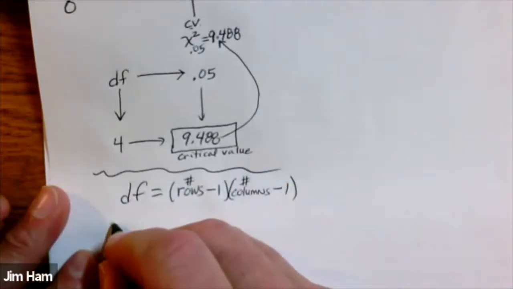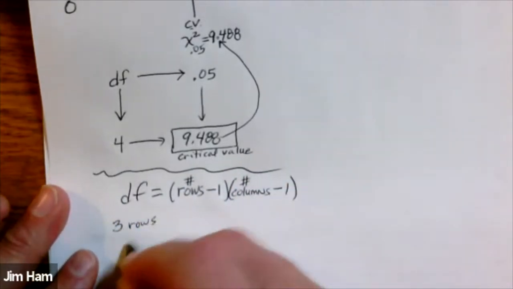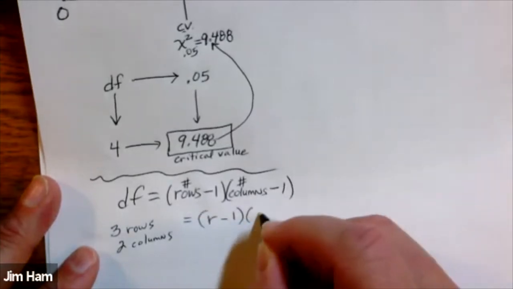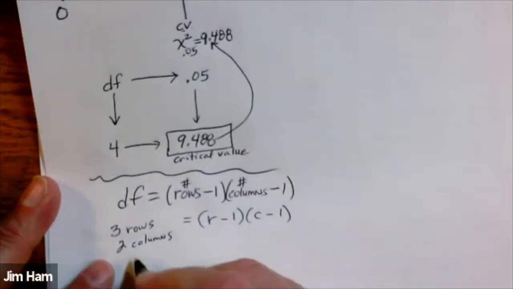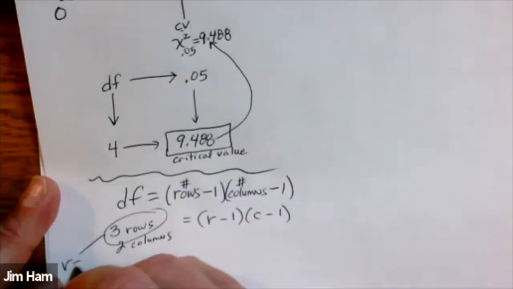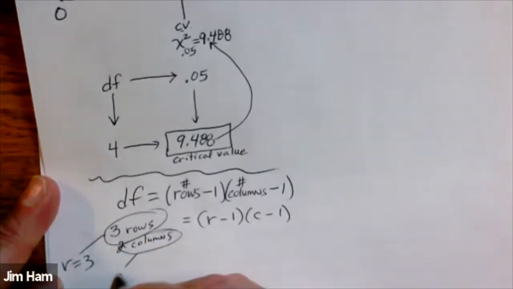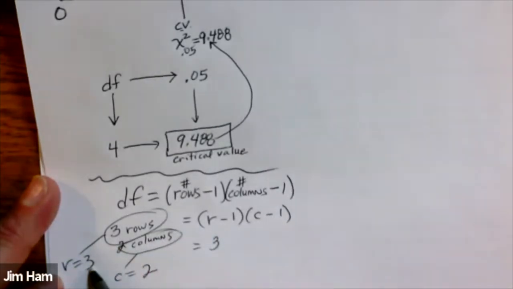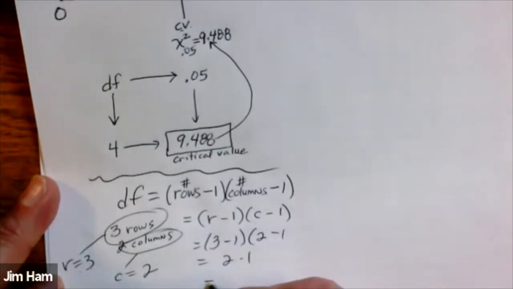Sometimes I'll write it just row minus 1 times column minus 1. So rows equals 3 and columns equals 2. So I'm going to put 3 in there for R, and I'm going to put 2 in there for C, and this is 2 times 1, which is 2.